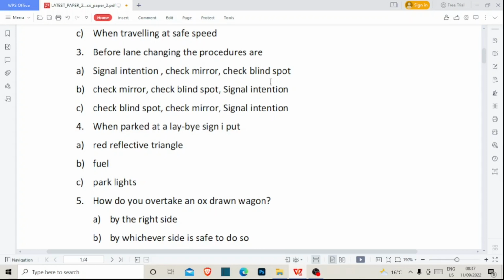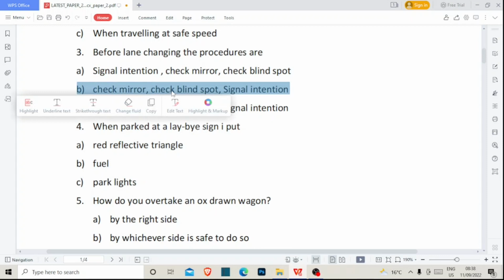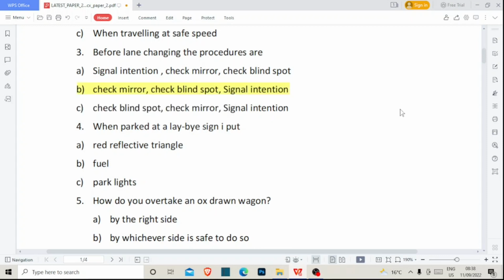First you need to check your mirror, then you check your blind spot, then you do your signals. So the correct answer here is going to be B for number 3.